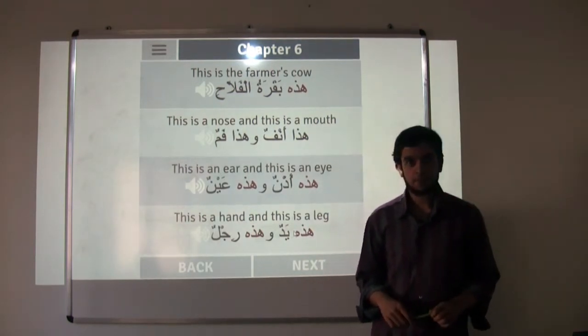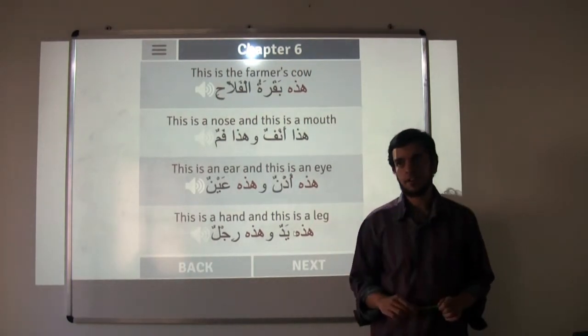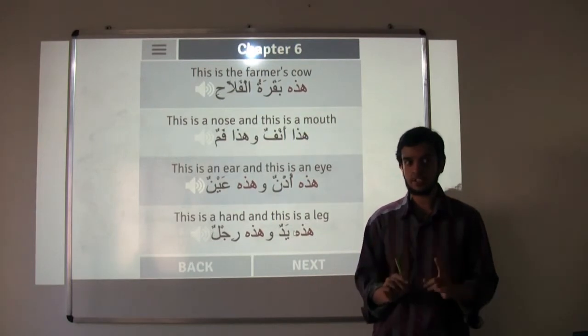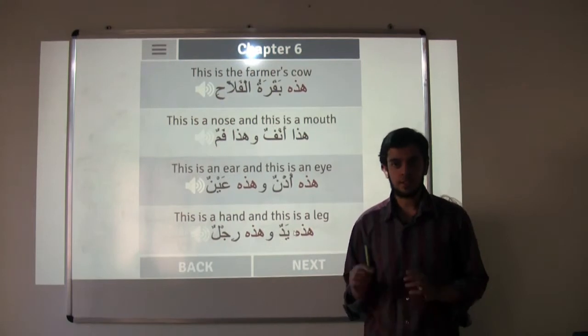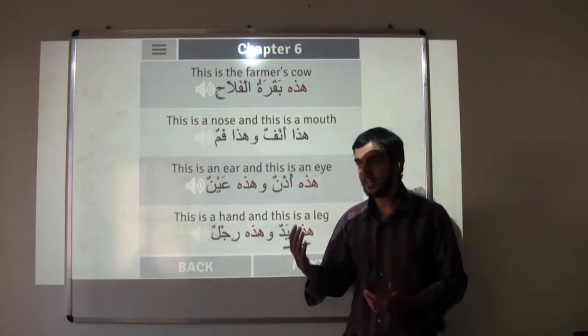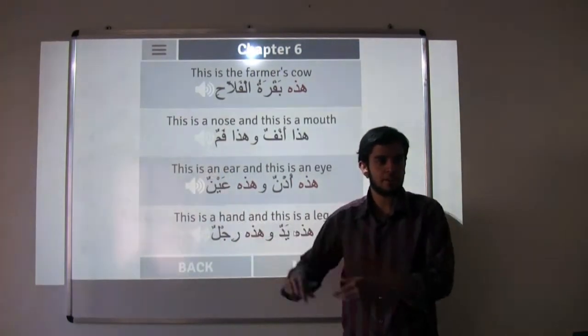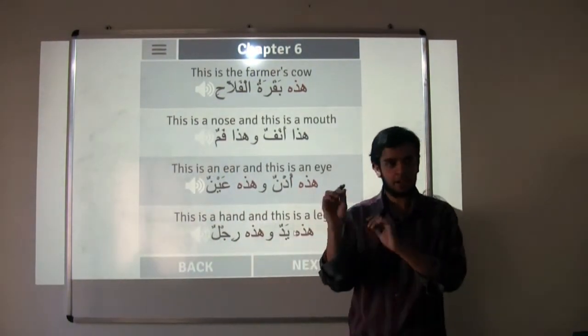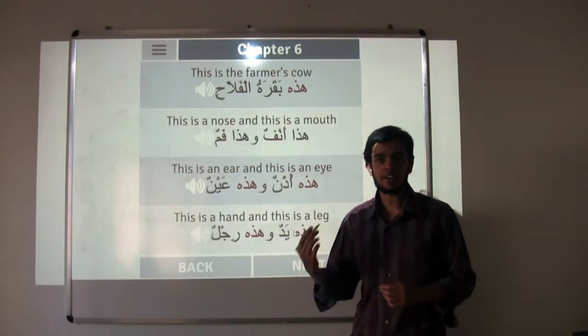For example, if I've written a statement which says, Sallamtu ala rajuli, what I mean is I said salam to the man, some particular man. If that statement is written without vowel signs, it cannot mean sallamtu ala rijli.